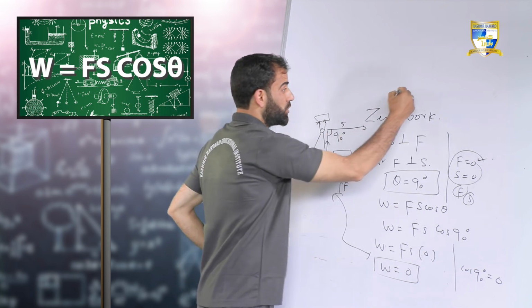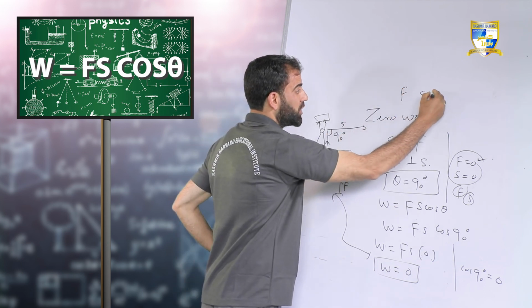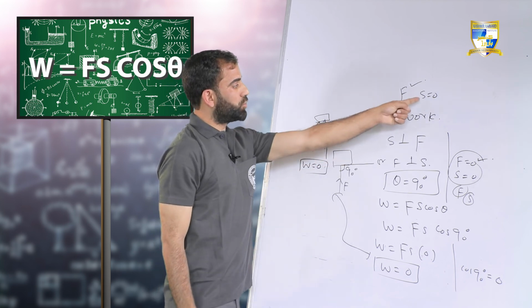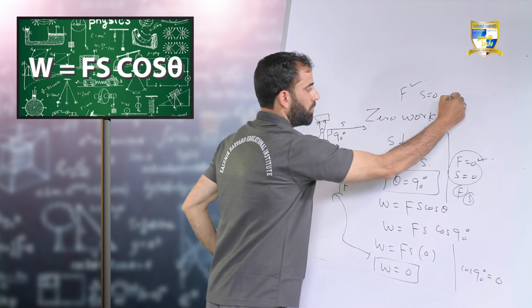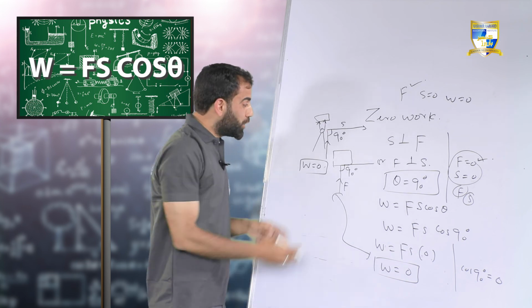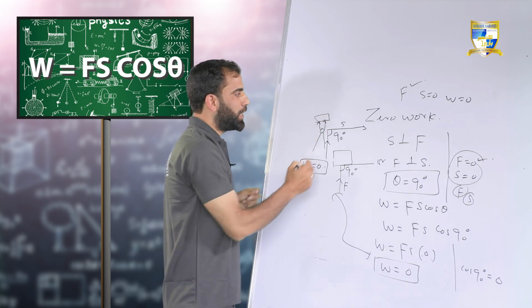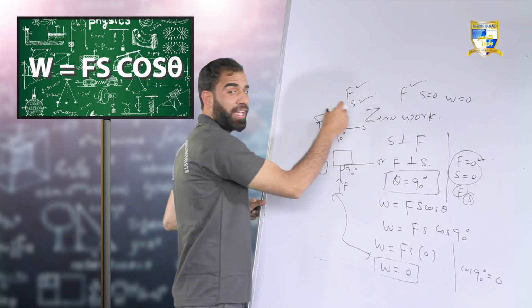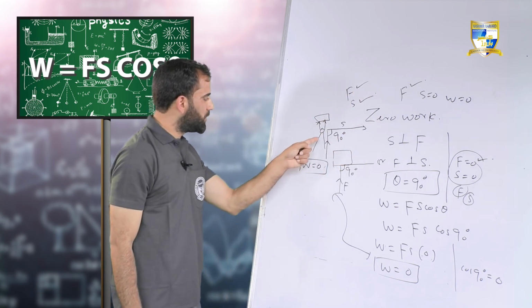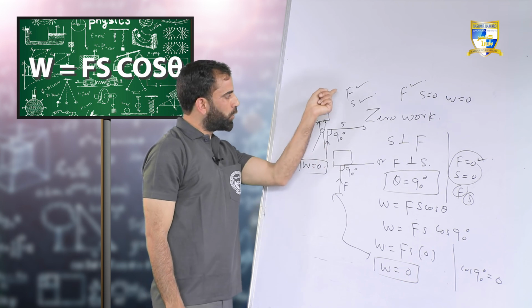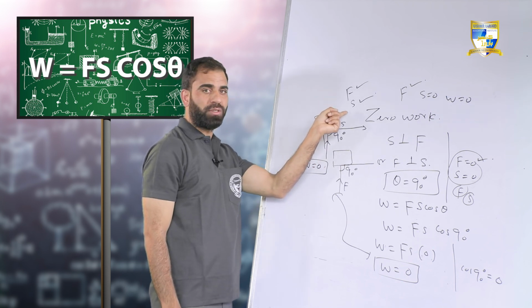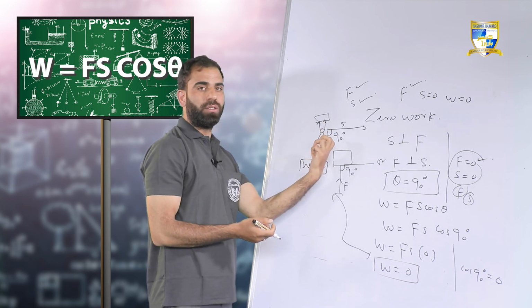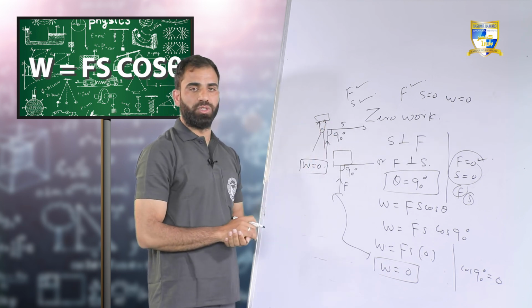If there is force but there is no displacement, again work is 0. If there is force and there is displacement, again work can be 0. How? On the basis of this theta. Although you have applied force and you are displacing the object, you might be applying force at an angle of 90 degrees. So again your work done will be 0.